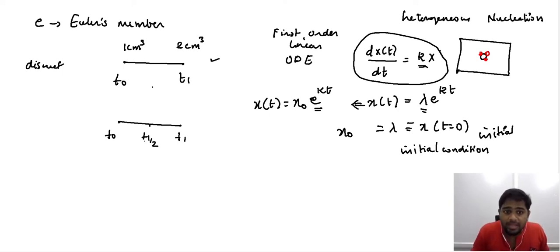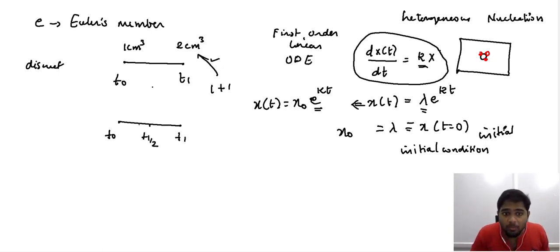It increases by its own size. So initially it was 1 and it increases by its own size, so 1 plus 1, we end up having a 2 centimeter cube sized precipitate.